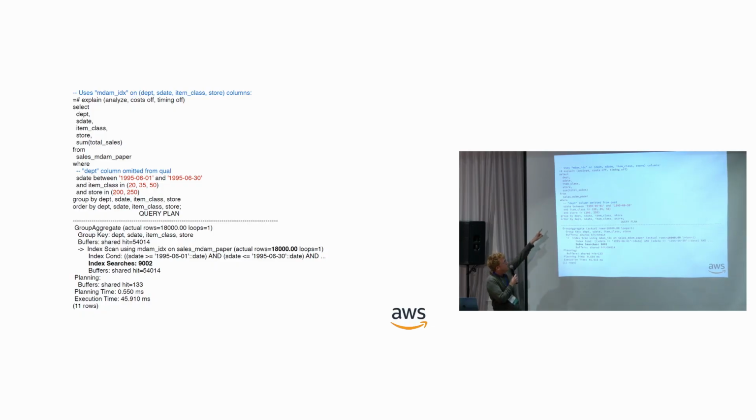Here, we've got a composite index on department, date, item class, store. If you look at the predicate, the department column is wholly omitted. Next, we have a date, and it's a range of 30 dates. After that, we have item class, and after that, we have store. And these are obviously using traditional arrays. And again, these need to work together as a unit.